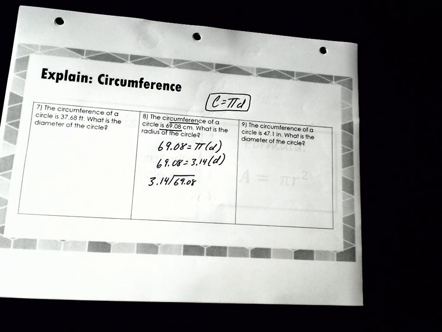So let's do that. 69.08 divided by 3.14 is 22. I'm going to do that one more time just to make sure I got my numbers typed in correctly. Divided by 3.14. I got, again, 22.